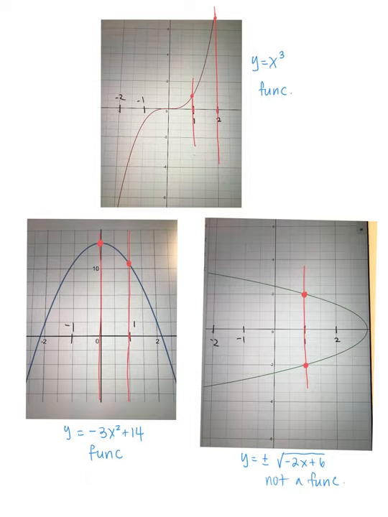So that violates the rule of y being a function. So what is the difference? Notice that if I draw a vertical line, just like what we did for the 2 previous examples, it intersects the graph at more than one point. So guess what? When that happens, your y is no longer a function.